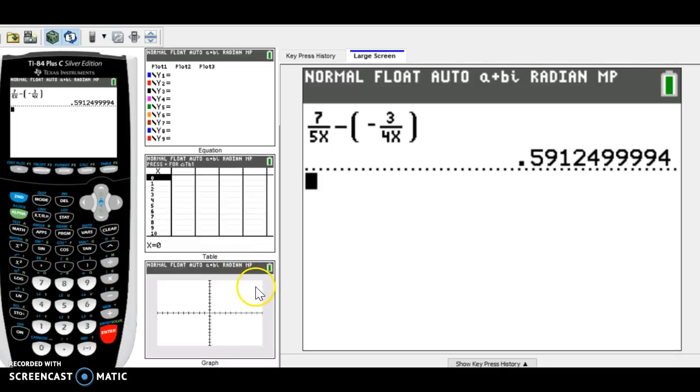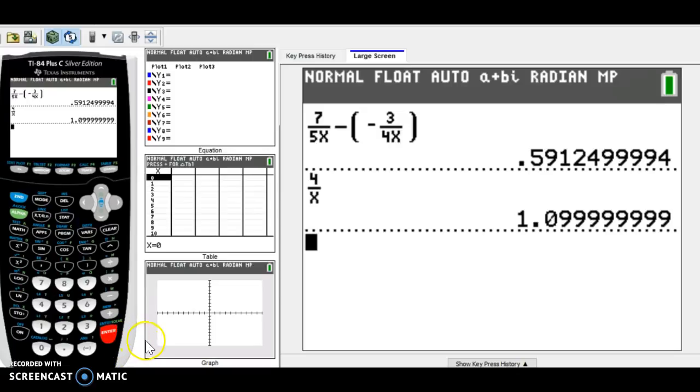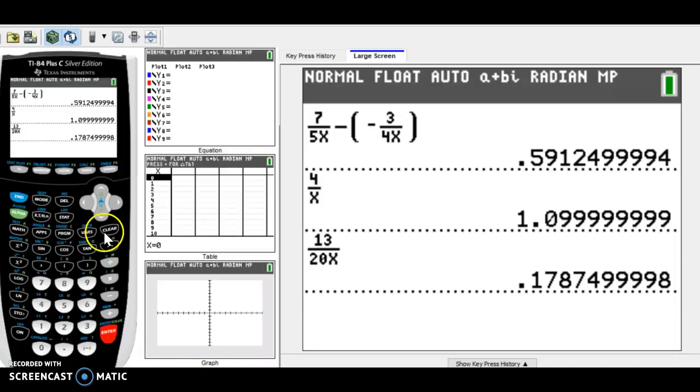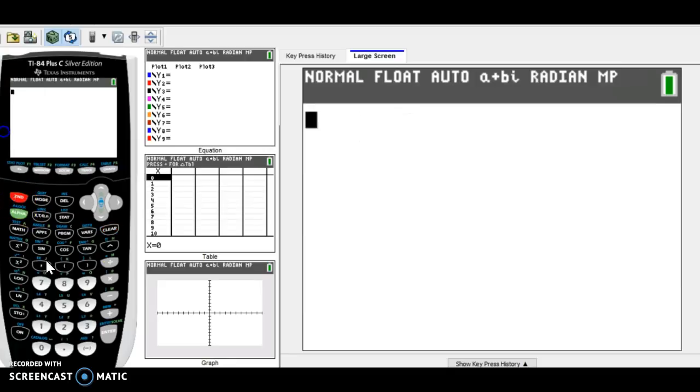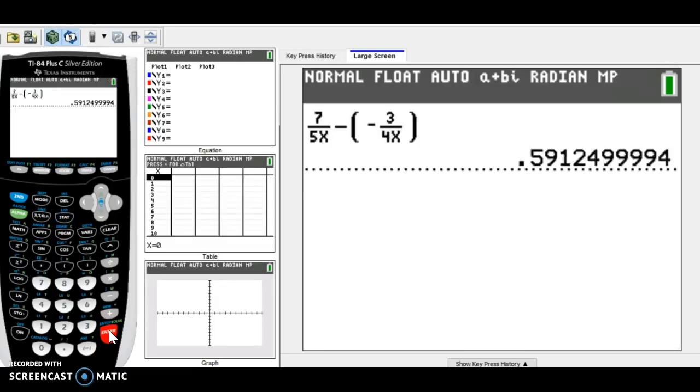My first answer choice that I'm going to try is 4 over x. That doesn't give it to me. My next answer choice is 13 over 20x. That doesn't give it to me. So I'm going to clear that, and I'm going to pull back up my original answer just so that I have it right in front of me.